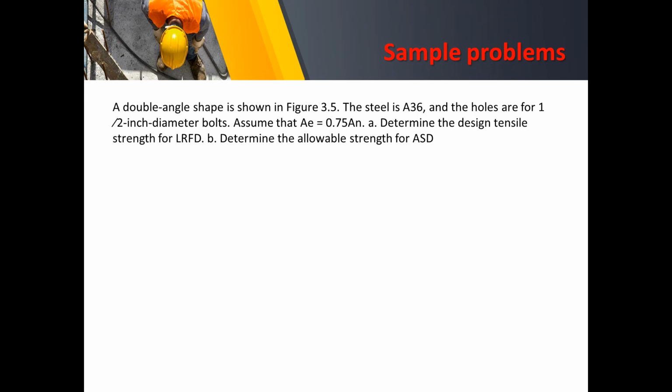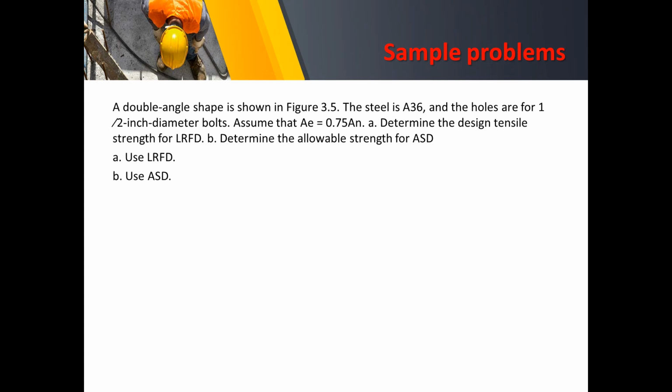Okay, so next problem, this time we have the double angle shown in the figure. Again, we use A36 steel. So we have 1/2 inch diameter bolt.